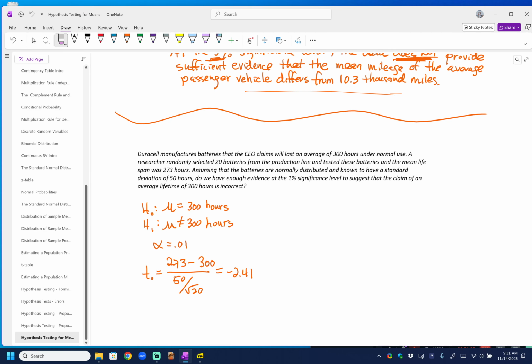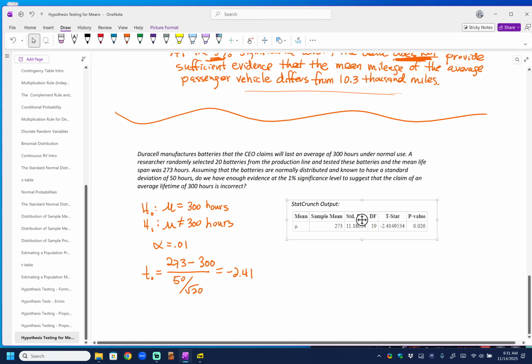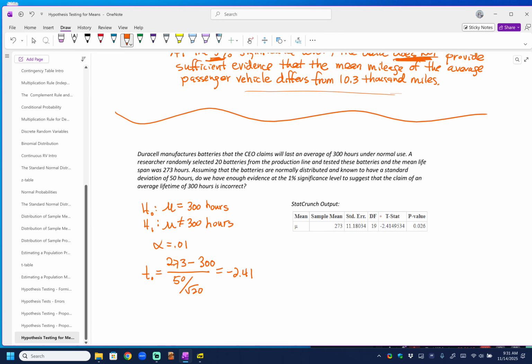Another option is to use StatCrunch. So just as an example, I happen to have a piece of it here. So this is typical StatCrunch output for a t-test. You can see, actually, it's pretty cool. The t-stat is right there, which is now verified as negative 2.41. So I guess hypothetically you wouldn't need to do this part if you were running the StatCrunch output. But the p-value is clearly noted here as 0.026.